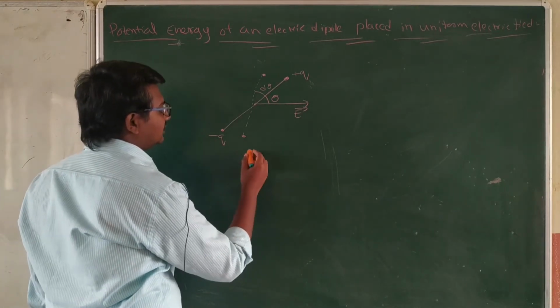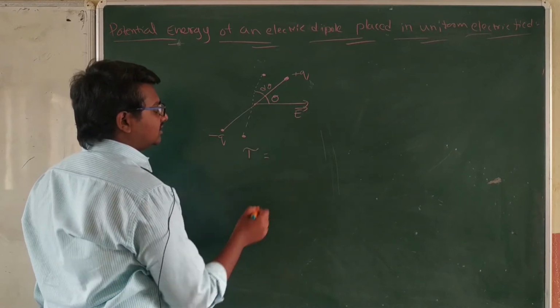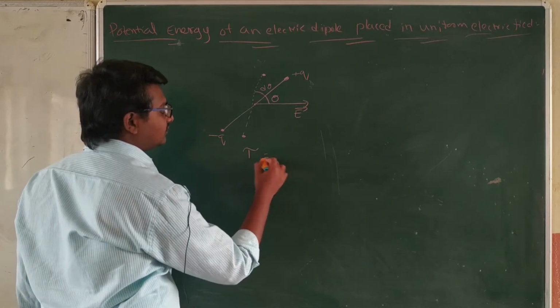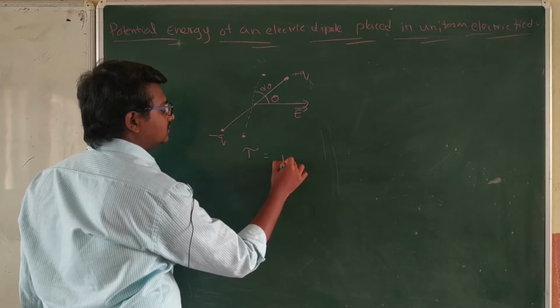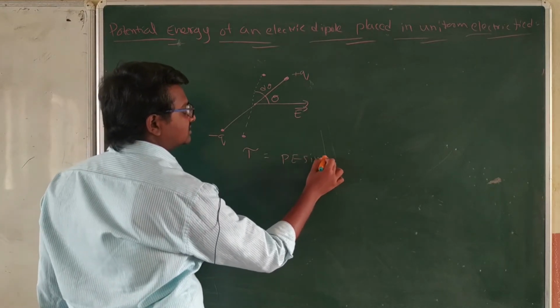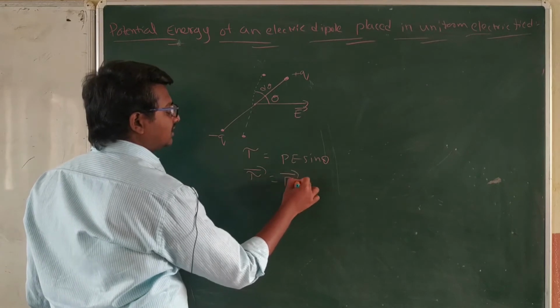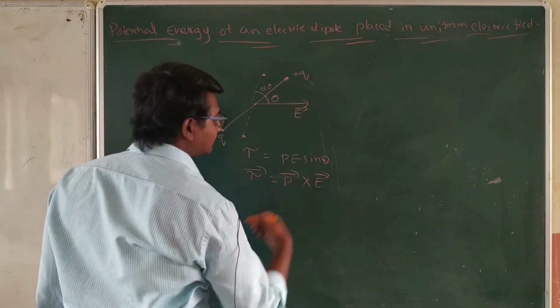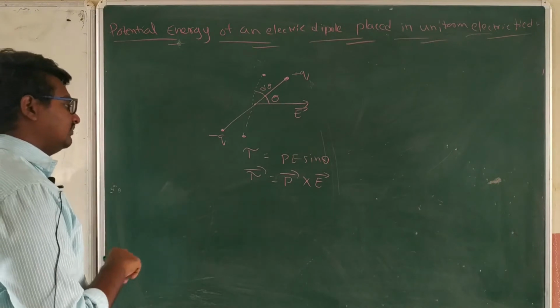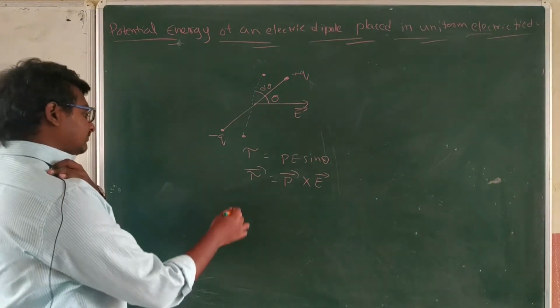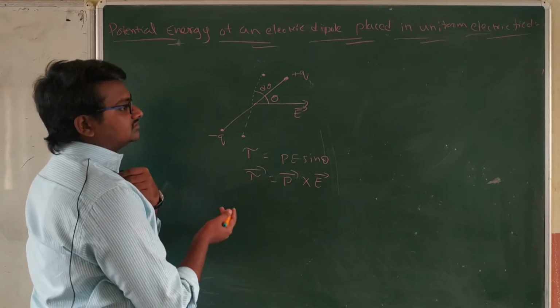Let's take the torque that we derived before. Torque tau is equal to PE sin theta, that is, tau bar is equal to P bar cross E bar. Now we have to find the work done due to torque, not force.